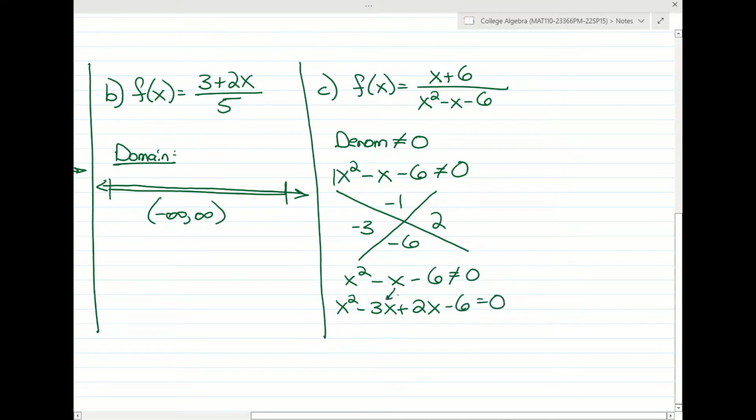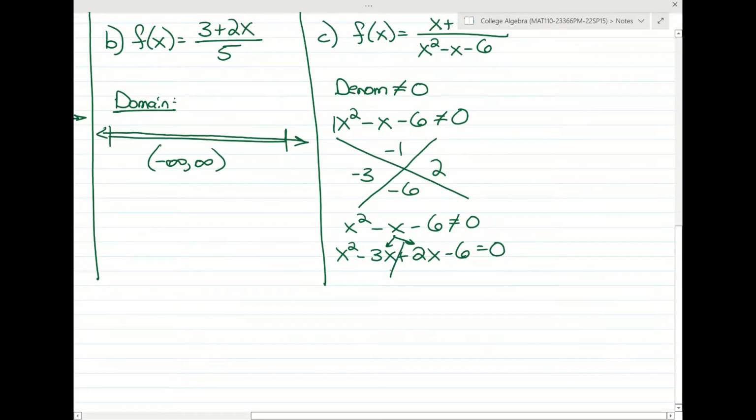What we're doing is we're breaking up this negative x to be negative 3x and 2x. And then from here, we just cut it down the middle, take out an x, we write x minus 3, take out a 2, x minus 3, and we would write x minus 3 times x plus 2 is equal to 0.